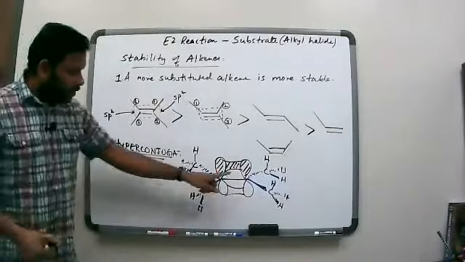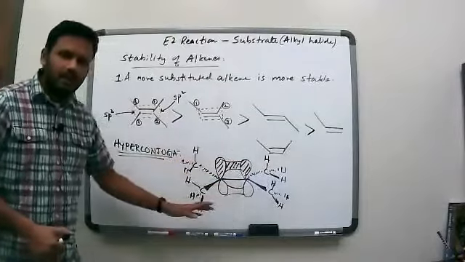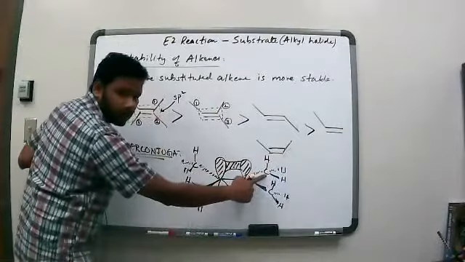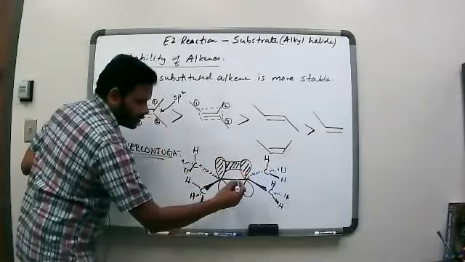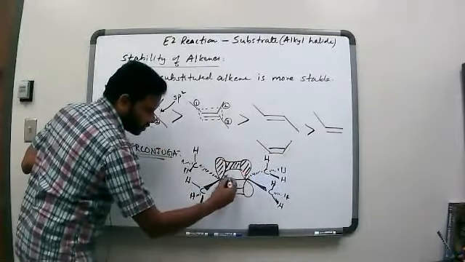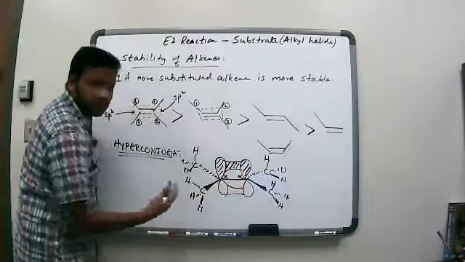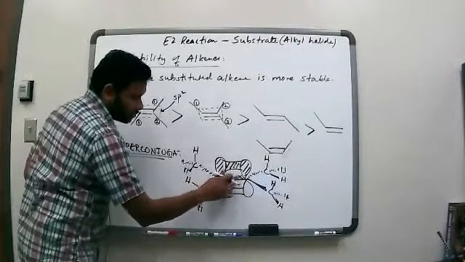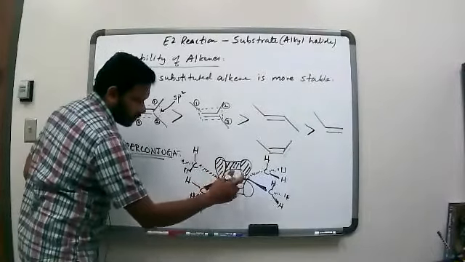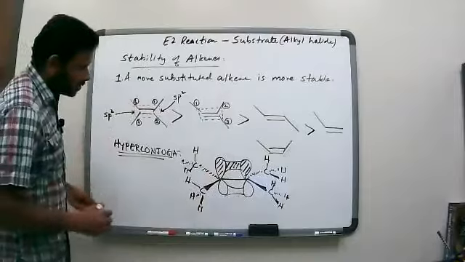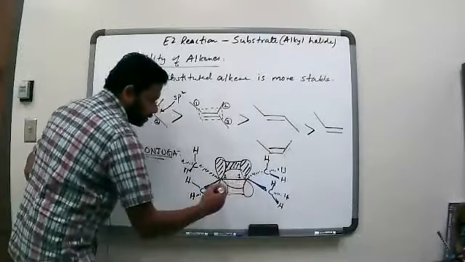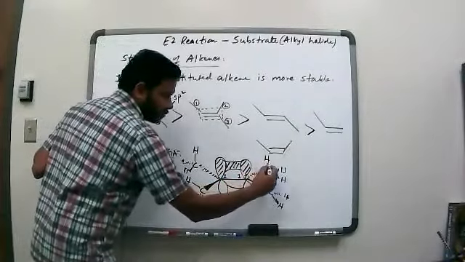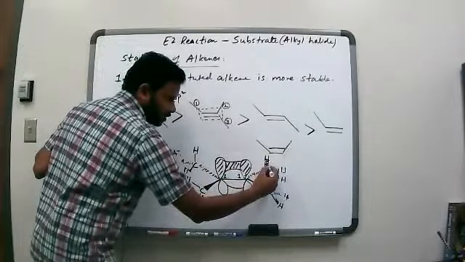So when you have a tetrasubstituted alkene, the sigma bonds here between these carbons and the hydrogens... The carbon here has a carbon-hydrogen sigma bond, which has electron density in it.